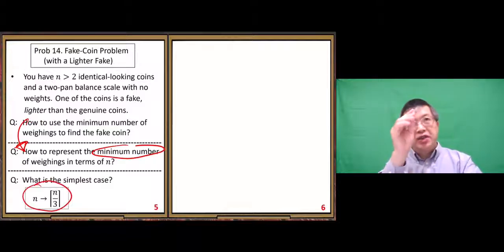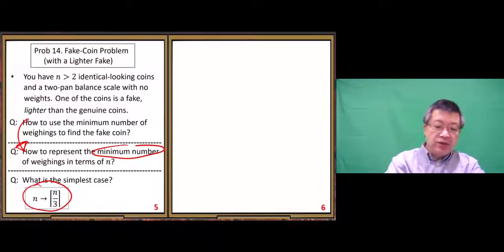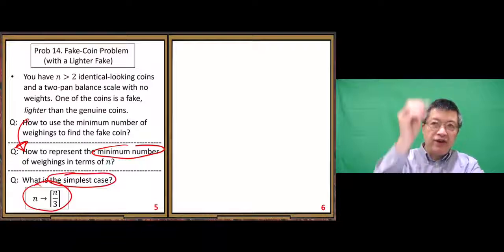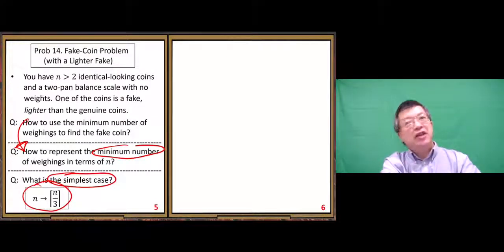This one is the size reduction formula. But using this formula to get an answer, we want to consider the simplest case first. That's the strategy we used many, many times. Here we need to use it another time.